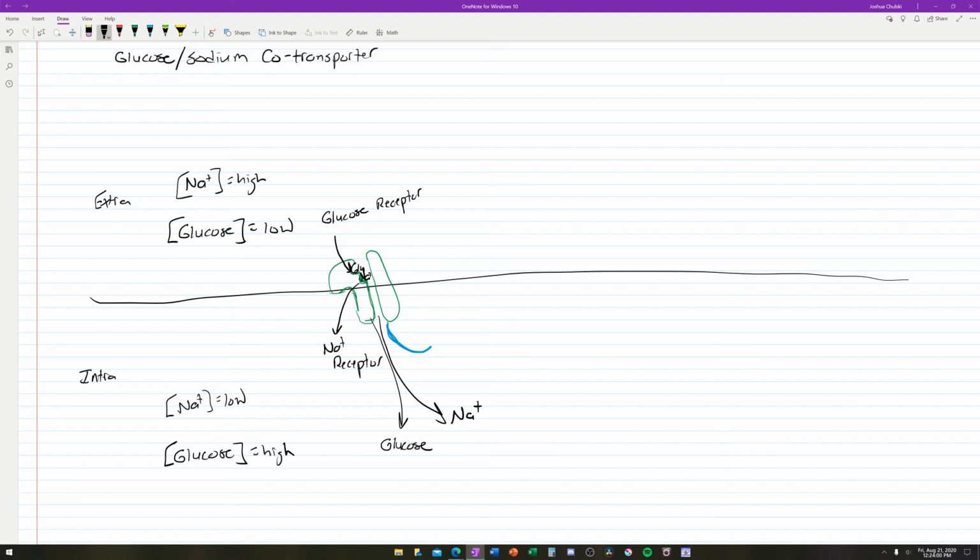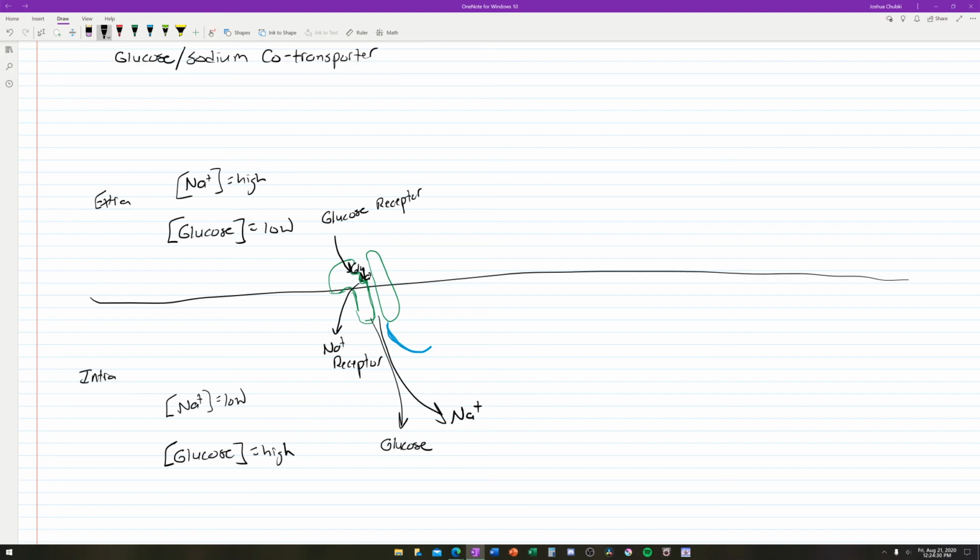Remember, I'm also moving sodium from a high concentration to an area of low concentration. That is a naturally passive process. But anytime you have movement, there is energy. So I'm using the energy from the diffusion of sodium, which occurs naturally, to move the glucose.